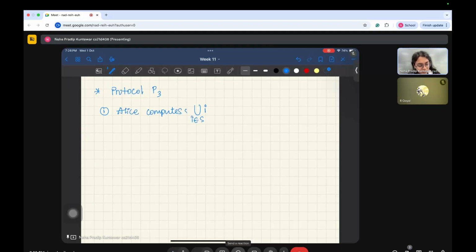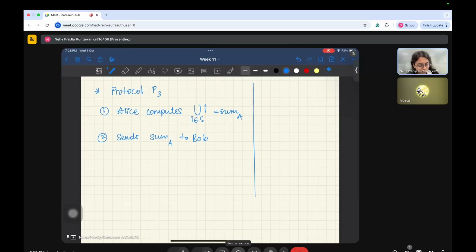Then she is going to send this sum. So Alice has computed the sum, and she will send this value. The sum came out to be 100, and so to send this value 100, she would only be requiring log 100 number of bits. So she sends the sum to Bob.